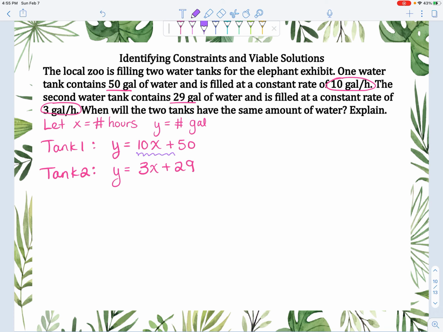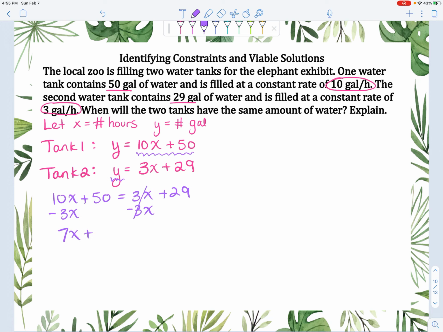Now that I have my system, I can take this expression, which is equal to y, and I can substitute it for the y in the other equation. It's going to create a multi-step equation. I'm going to bring all my variables to one side. I'm going to subtract the 3x.